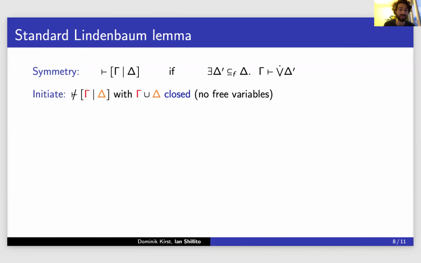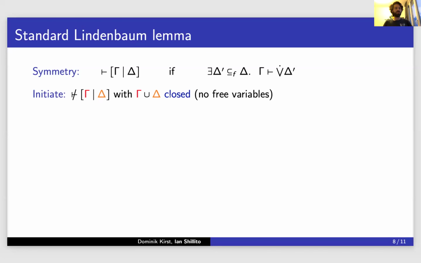So what we'll do is we'll start with an unprovable pair to expand. What we'll expand is not a consecution anymore, but a pair that is not provable. And so we'll initiate with a pair gamma delta, which is not provable, with the restriction that gamma and delta must be closed, so they have no free variables. Why is that?